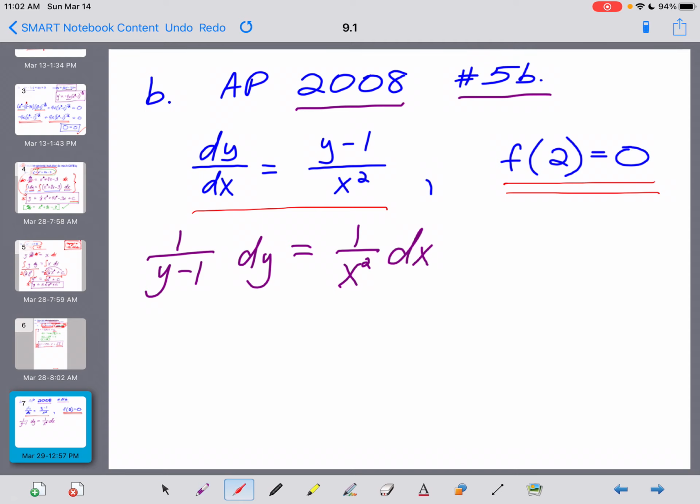And now that we have separated the variables, we are going to anti-differentiate the left and the right. So here we go. And I'm hoping you guys remember this. On the left side, anytime we anti-differentiate a constant, like 1, divided by a linear function, like y minus 1, this is when we are going to get the natural log of the absolute value of that linear function on the bottom, which in this case is y minus 1.